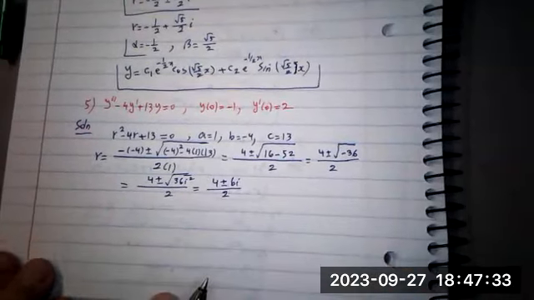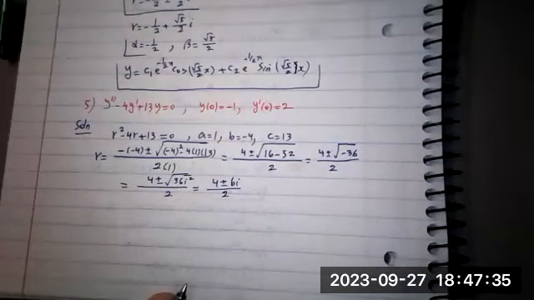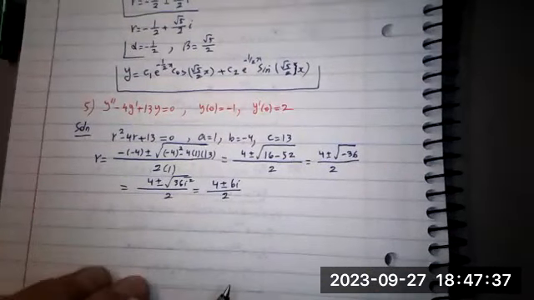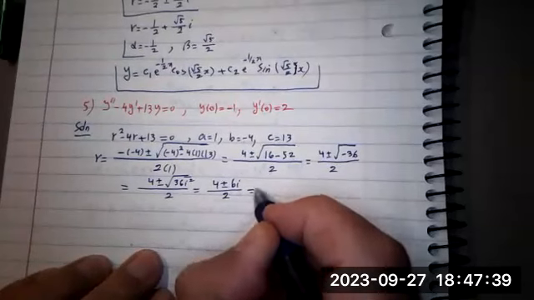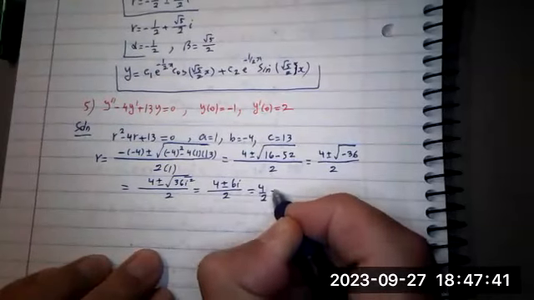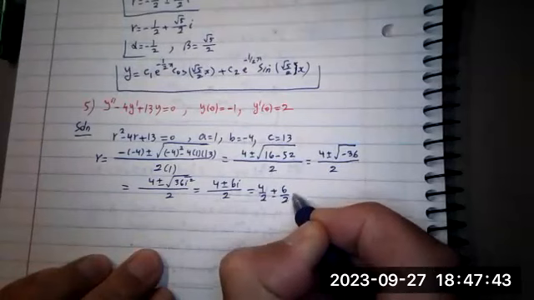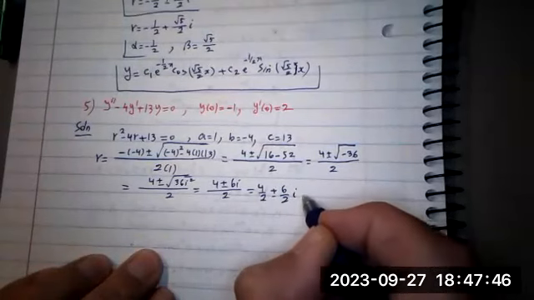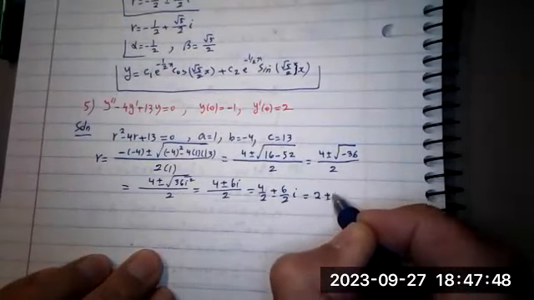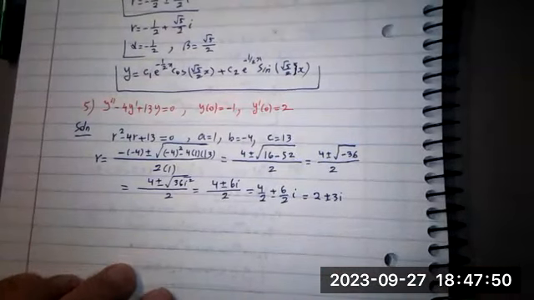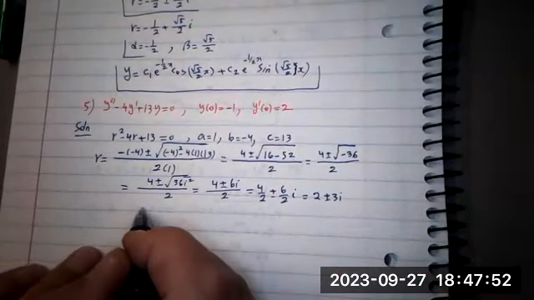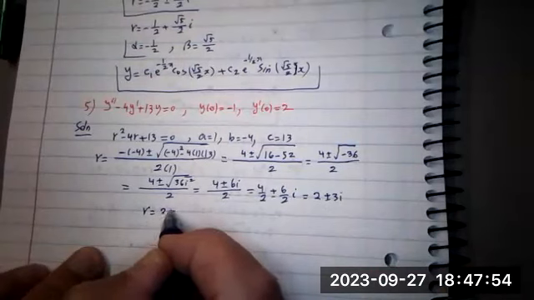You have to write it in the form alpha plus beta i, a complex number. So it's 4 halves plus or minus 6i over 2, and simplifying gives 2 plus or minus 3i. This is the solution that we have.